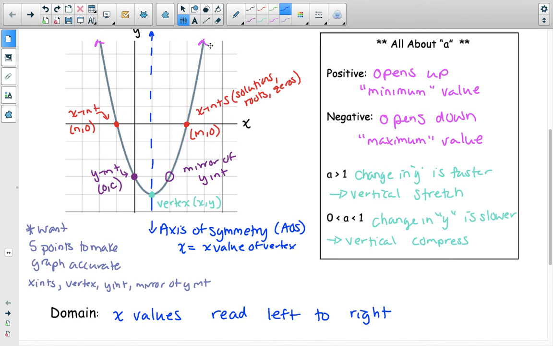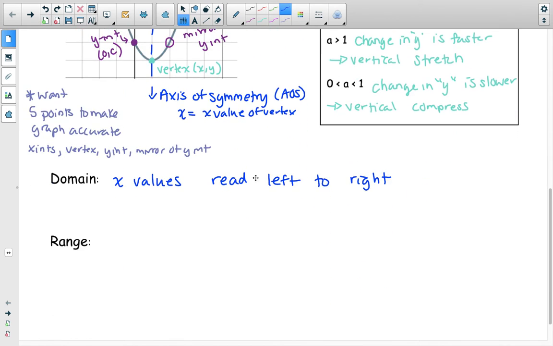And on the right-hand side, it does not stop, so we do not have a maximum x value on the right. That means that our domain will keep going forever. That means that our domain is all real numbers. We can write that as x is an element of, so it's like a fancy e, all real numbers. We could say it as a symbol, or we can say x equals all real numbers, because every x value your graph will cross through.